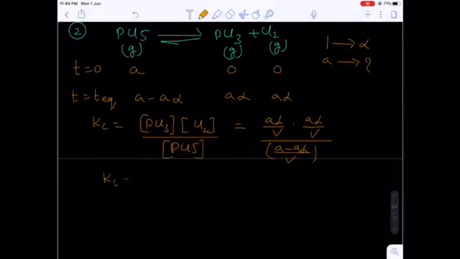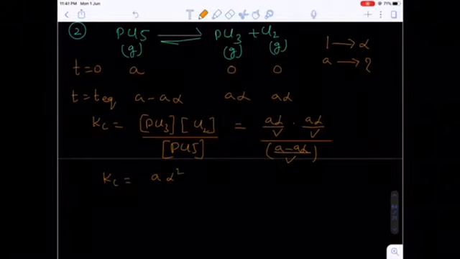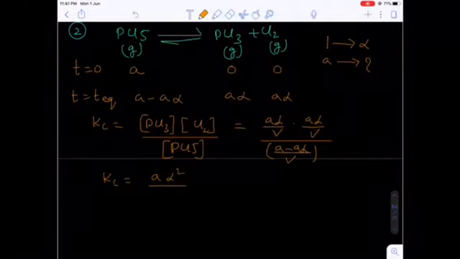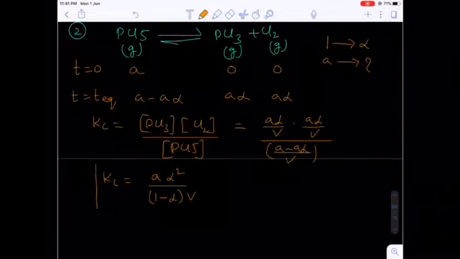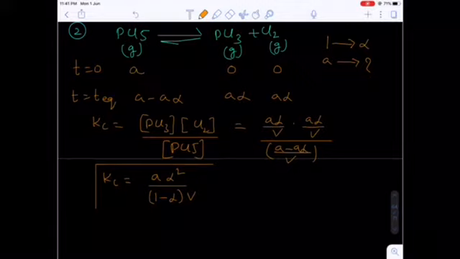Are you getting my point? Okay, from here I am writing the Kc expression. So a into alpha square upon 1 minus alpha into V. This is a very, very important expression regarding the Kc.